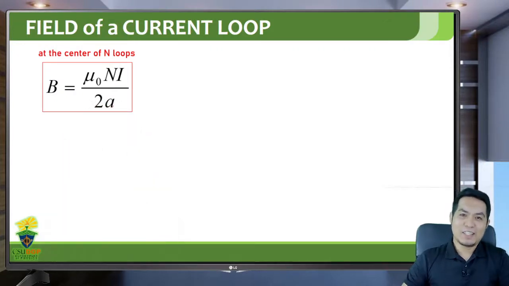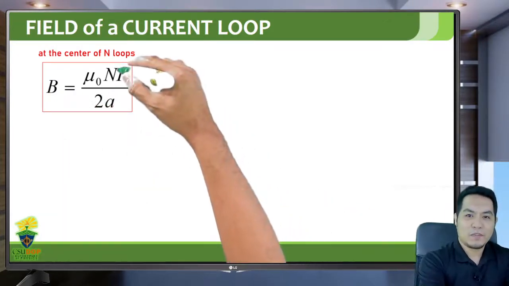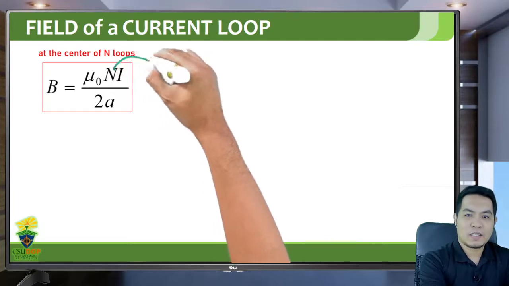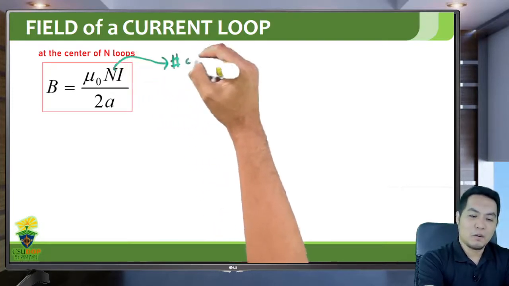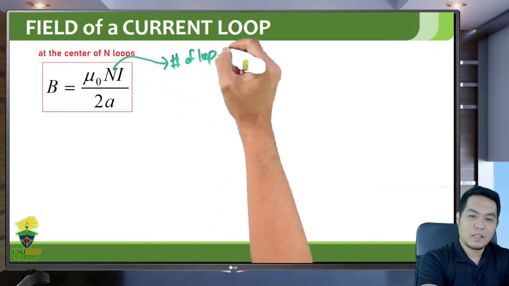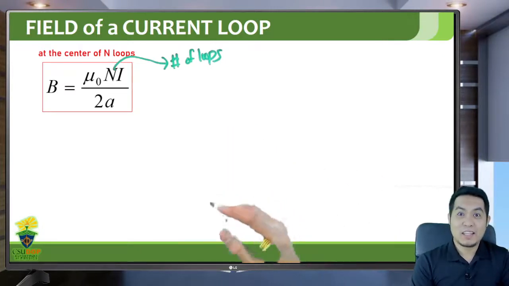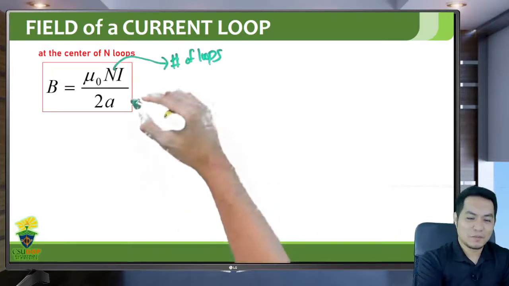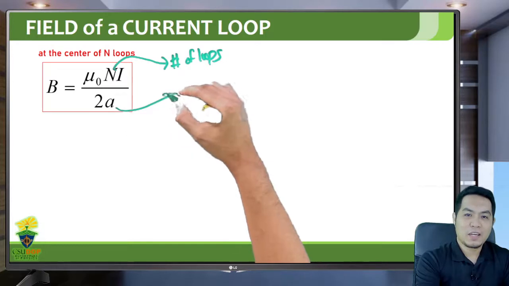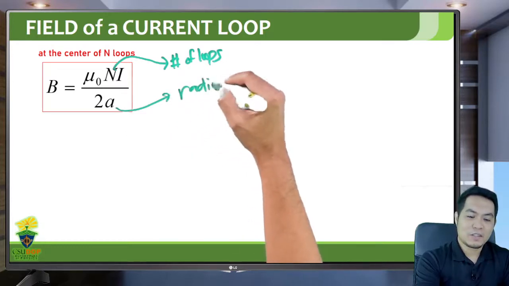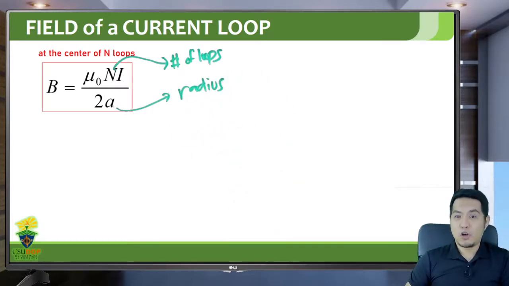Again, N here represents the number of loops, and a here is the radius of your loop.